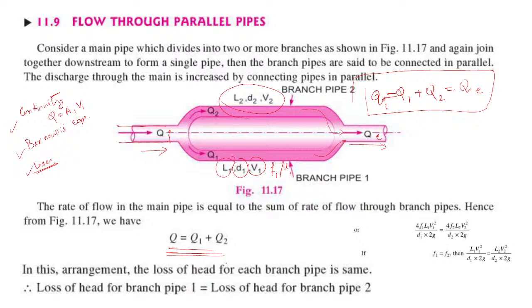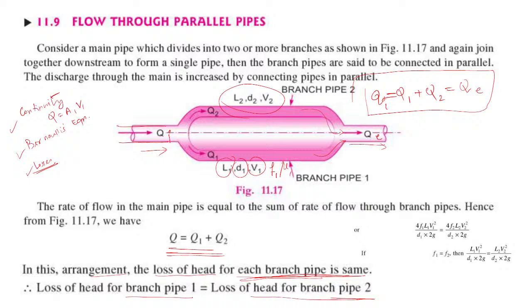Now in this arrangement, the key point to take away is that the loss of head for each branch pipe is the same. This is a key point. If you understand by reading the question that both are parallel, or they branch and move from one point to another point, the loss of head for pipe 1 has to be equal to that of pipe 2.